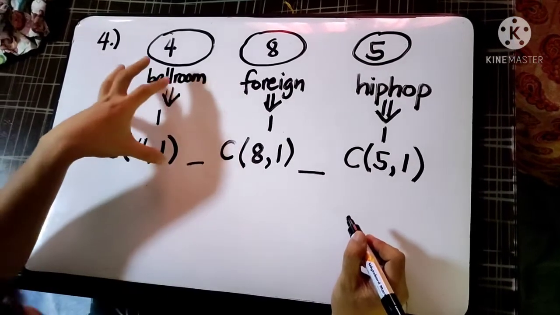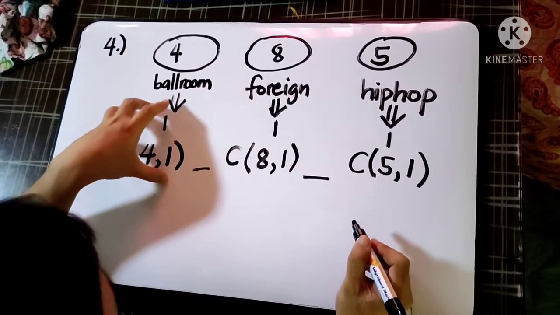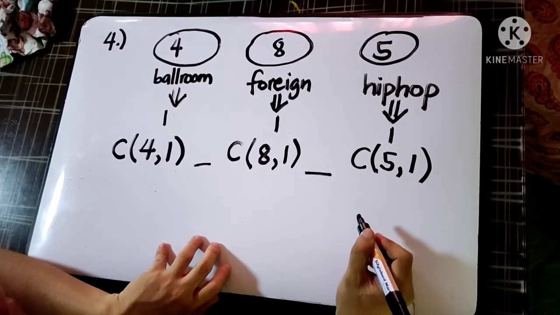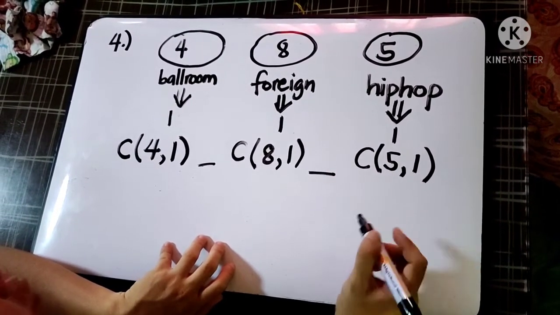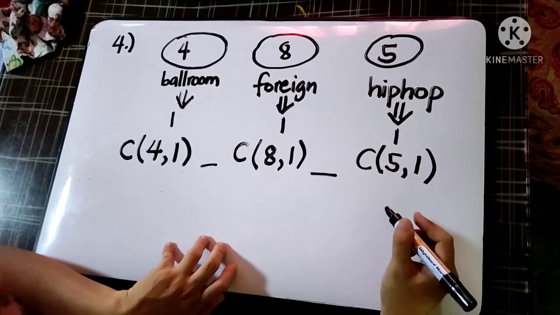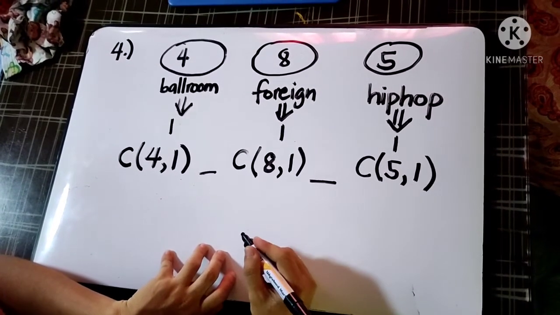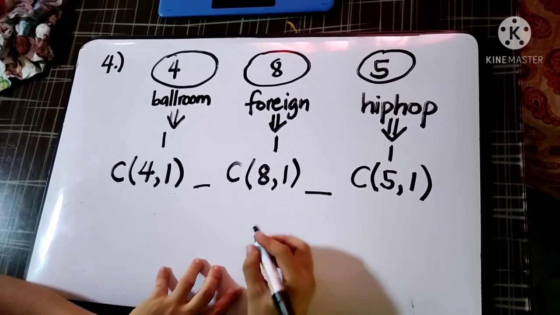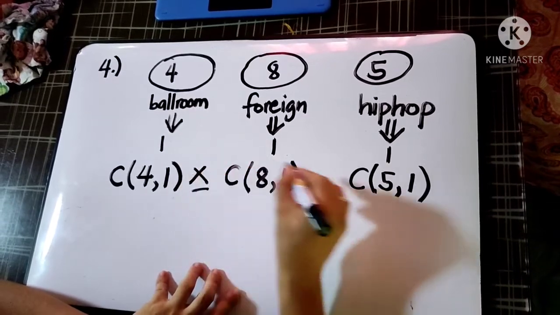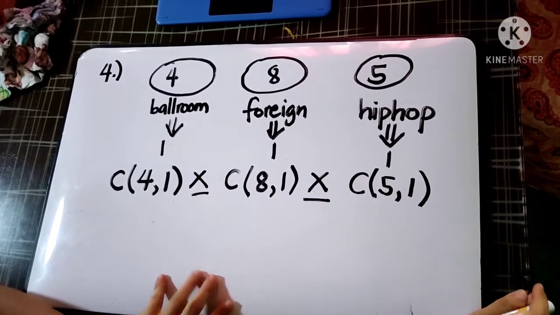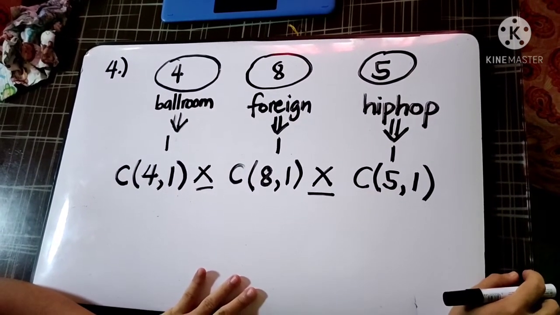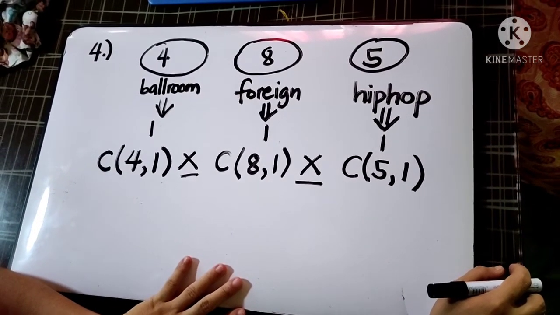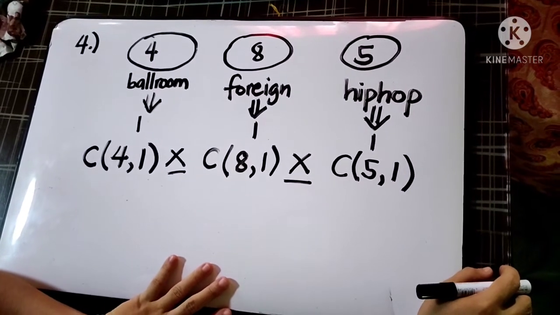Meaning, choosing one from ballroom alone will not satisfy the problem because they need to get one from the different groups. So, having said that, the operation to use is multiplication. Multiplication ang gagamitin dahil kailangan nilang pumili ng isa sa bawat klase ng sayaw na meron.